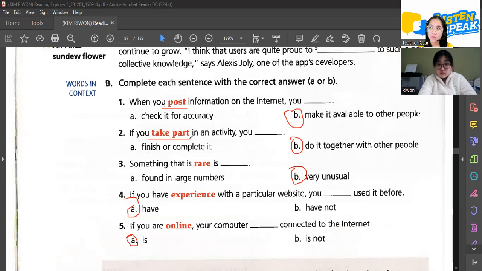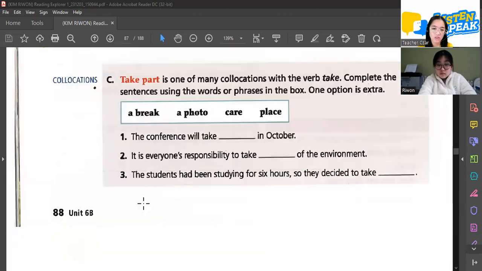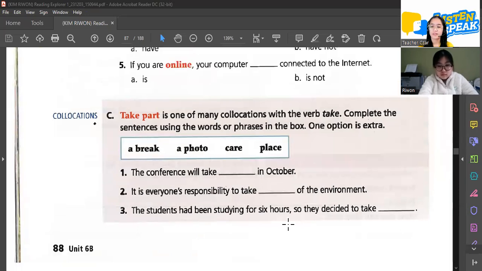For example, tree planting. Tree planting is an activity where you plant a tree. So as a student, you need to take part in it. Number three is rare, or very unusual. Those things that you can't see often. Experience, and online. So now let's move on to the last one for this topic.